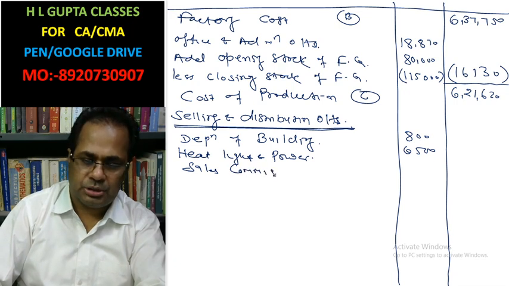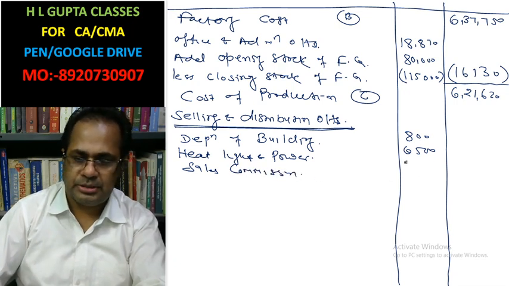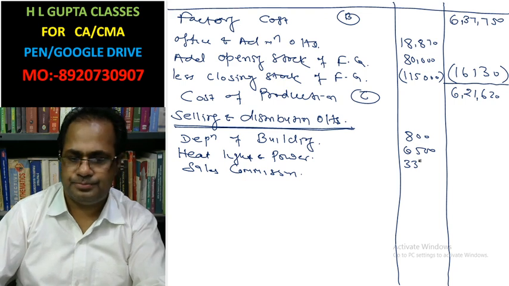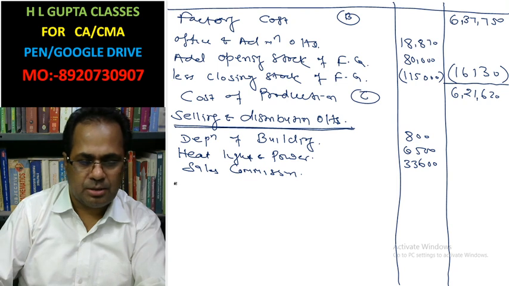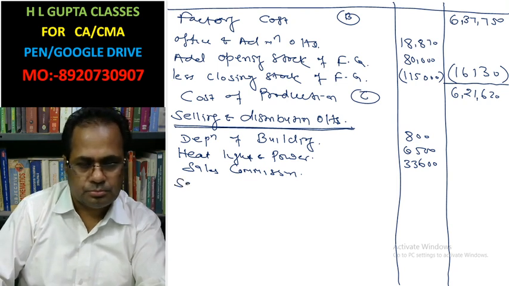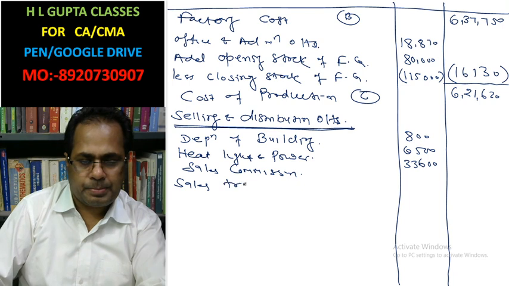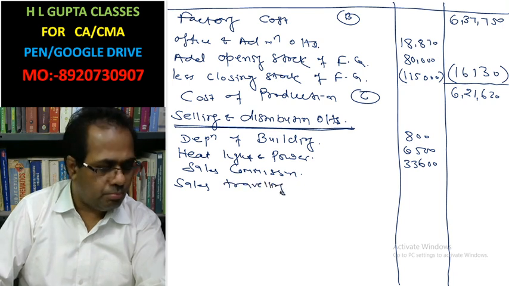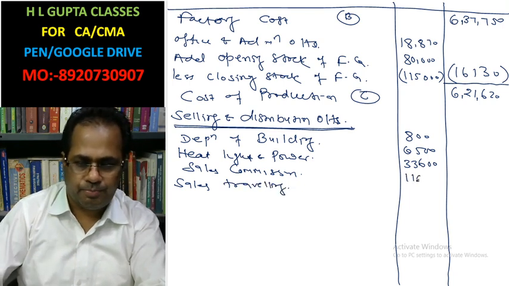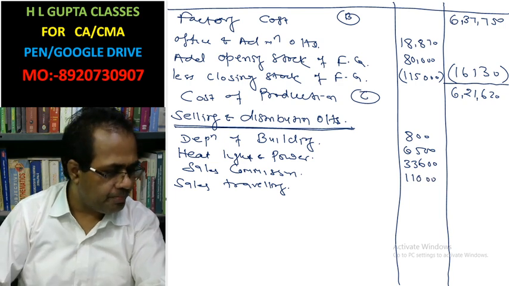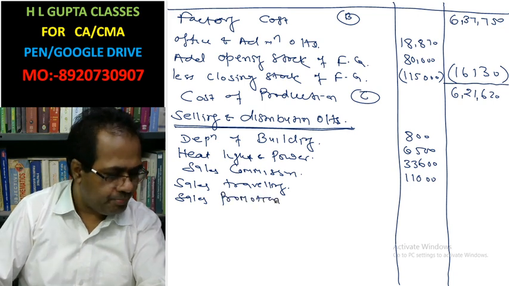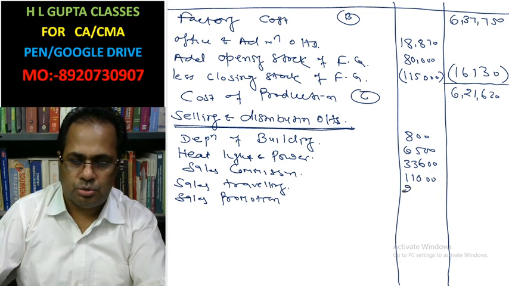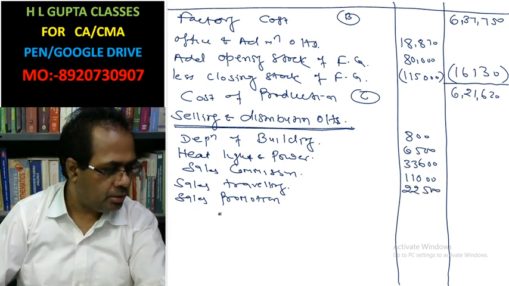This is given in the questions 33,600. Sales traveling 11,000. Sales promotions 22,500.